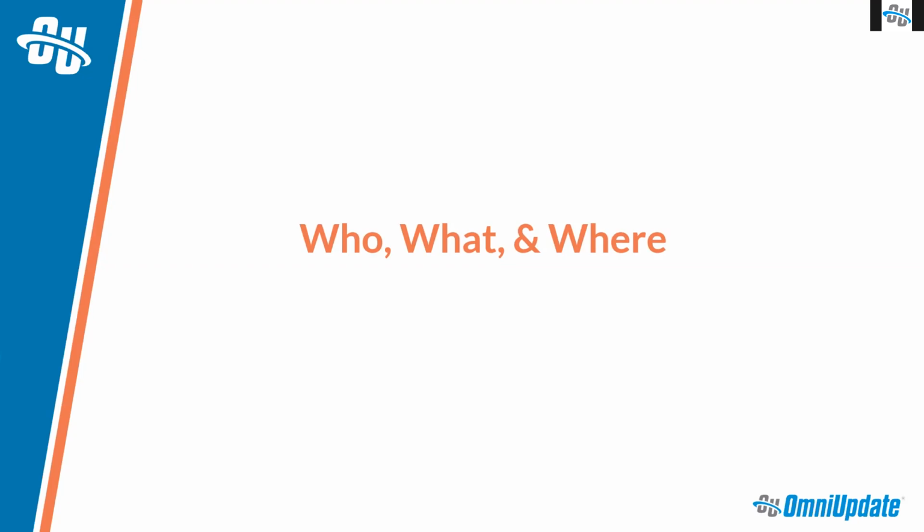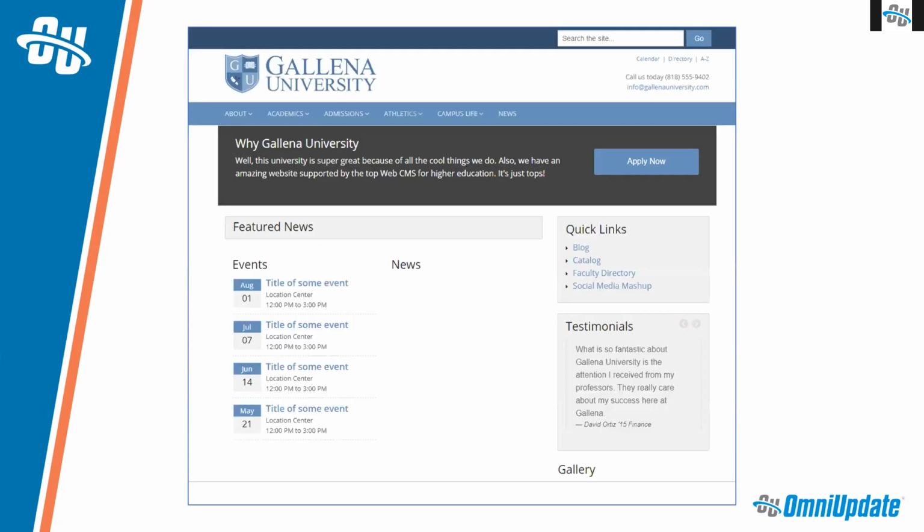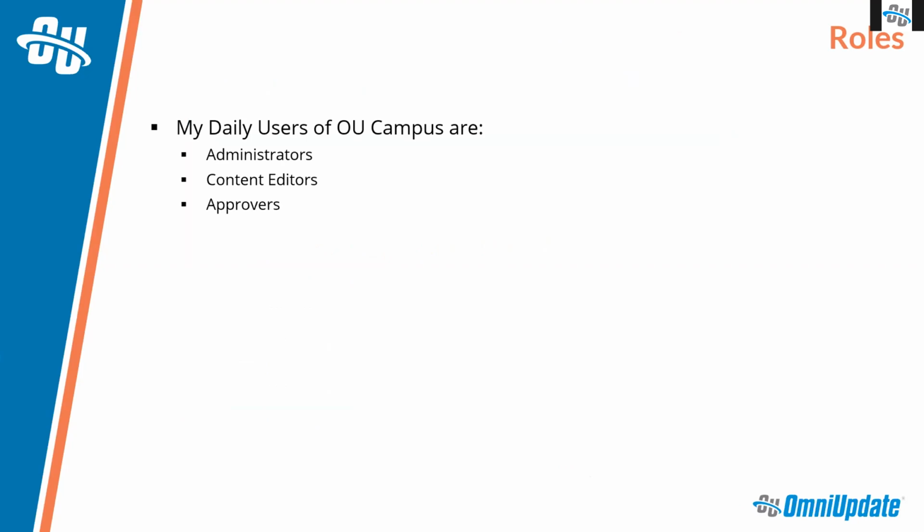For this training, I'm going to be using my demo school, which is our Galena University that we use for our training here at Omni Update. For my school, I have determined that I have 4 different roles that I want to take care of. My daily users of OU Campus here at Galena are my administrators, my content editors, my approvers, and my accessibility checkers.